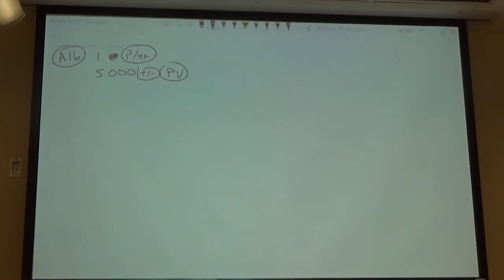And the interest rate is 8%. And the first question, part A: how much will we have in the account at the end of 5 years? So 5 shift N, solve for future value. Okay?